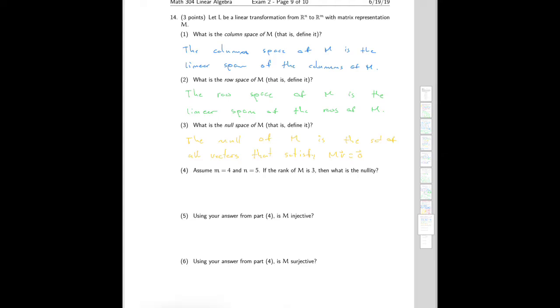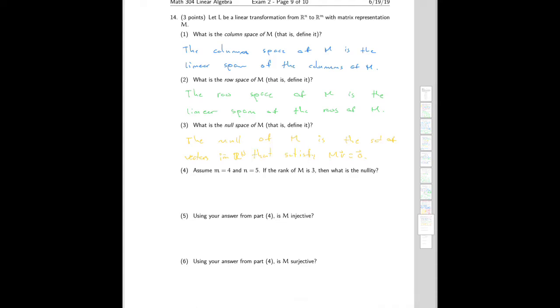Okay, and really, if we want to be a little more complete, we should say the set of vectors in Rn that satisfy Mv is equal to 0. Just all the vectors that get mapped to 0 by this transformation.